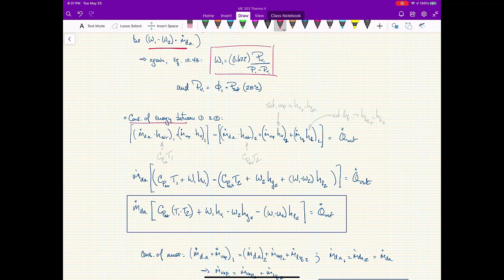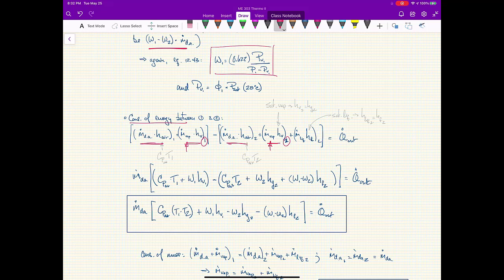The energy at 1 is going to be the enthalpy of the air at 1 plus the enthalpy of the vapor at 1, the rate at which that's moving, minus the enthalpy at 2 for the air and the enthalpy of the vapor at 2. But now I've got less vapor. This mvap right there is not the same as this mvap there, right? The one on the left is at state 1, the one on the right is at state 2. So mvap2 is expected to be less than mvap1.